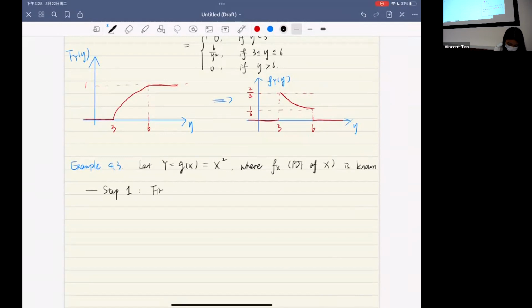So first, we need to know that y is equal to x squared. So y must be a non-negative value.